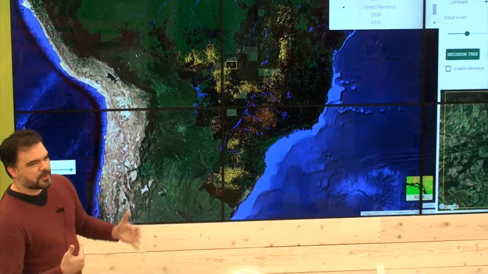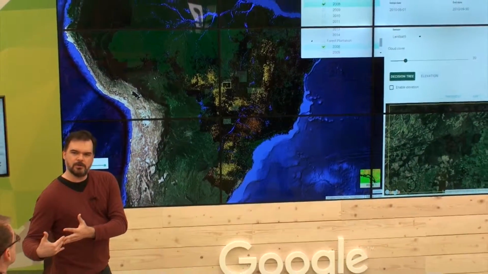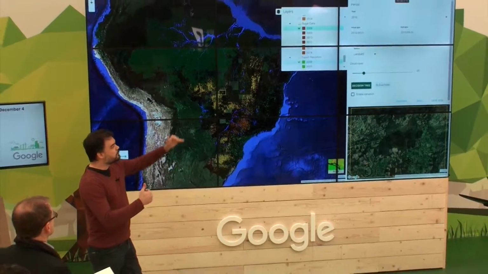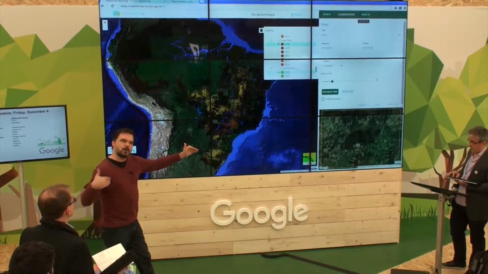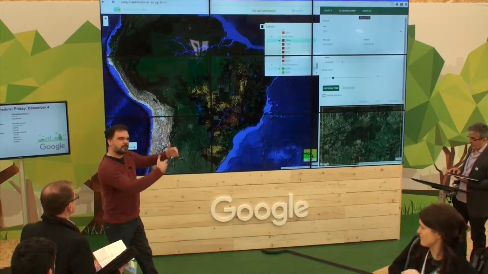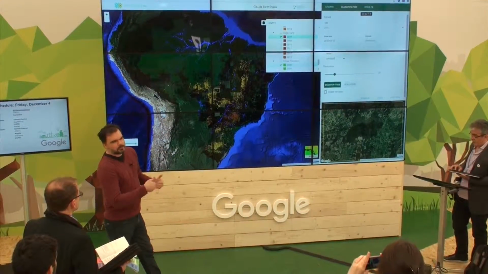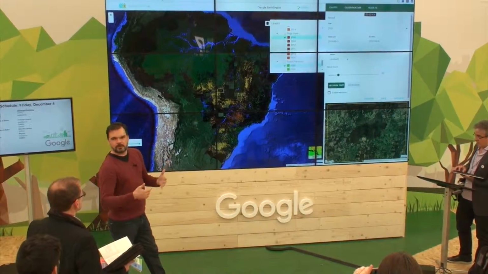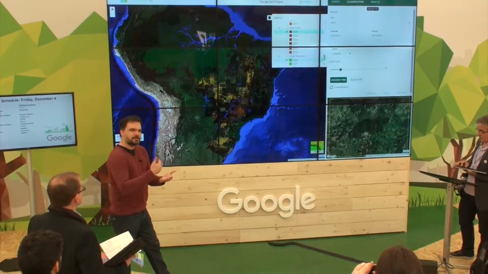All this is processed using Google Earth technology. So we just establish the parameters, and then Google Earth does the processing of the entire country. What would take weeks or months, it can do in some minutes.